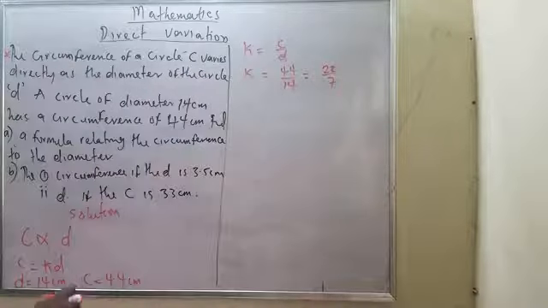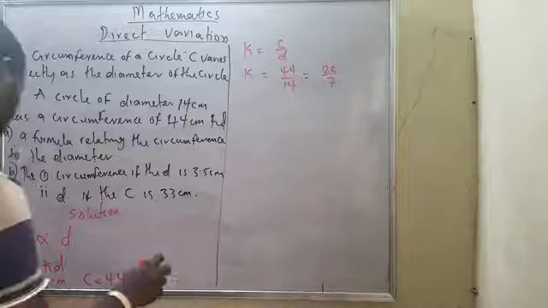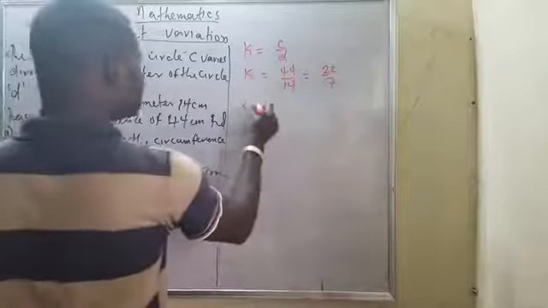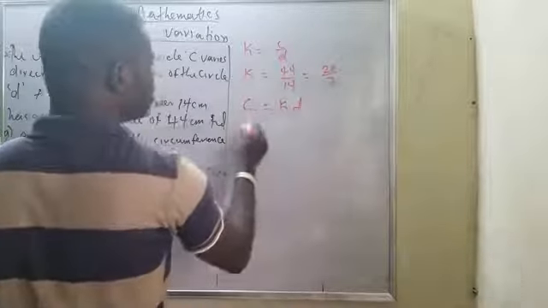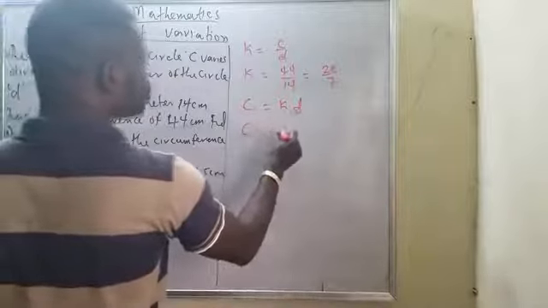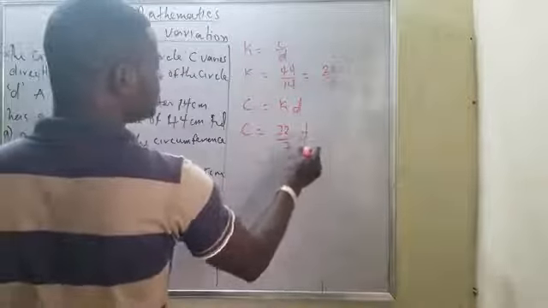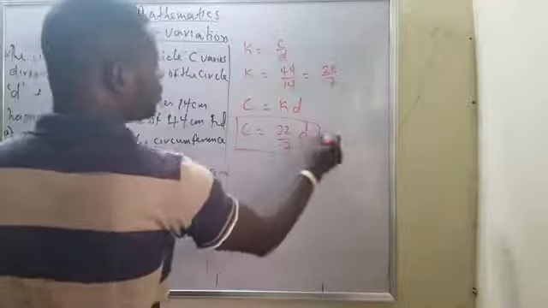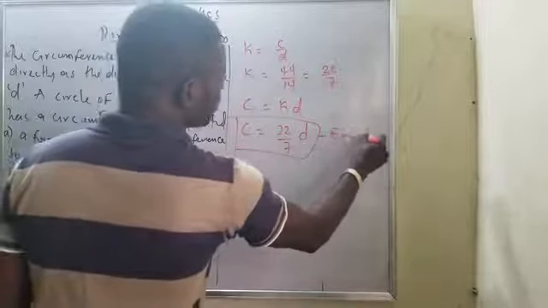Since I have that as my K, the relationship between them will be C equals KD, so C equals 22 over 7 D. That is the equation we are talking about.